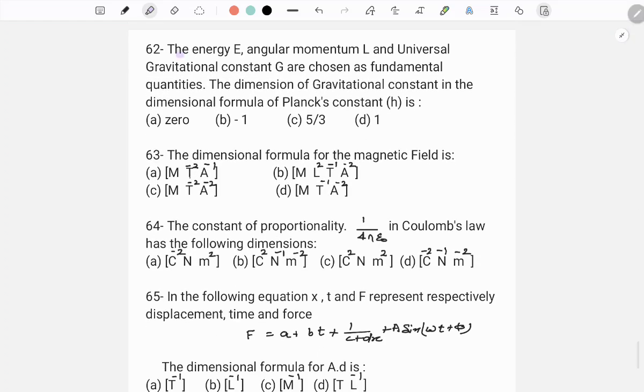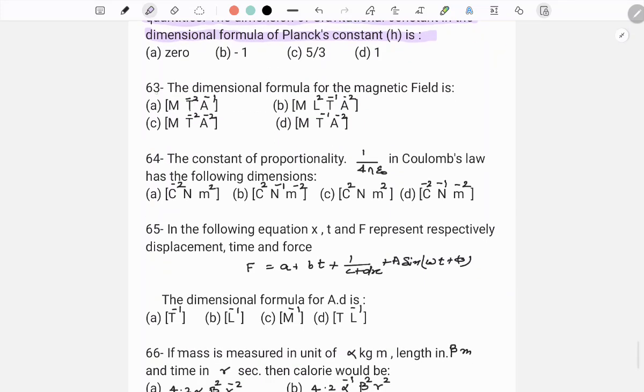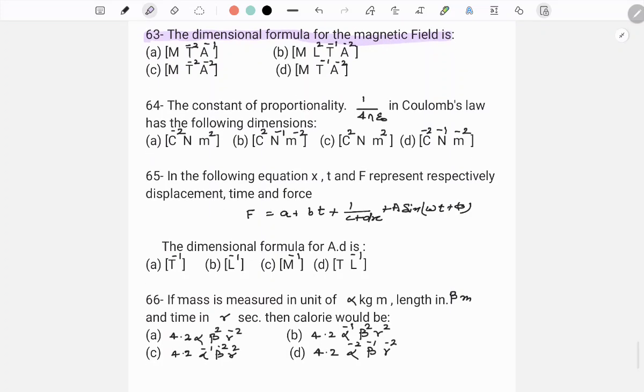62. The energy E, angular momentum L and universal gravitational constant G are chosen as fundamental quantities. The dimensions of gravitational constant in the dimensional formula of Planck constant H is. 63. The dimension formula of magnetic field is. 64.